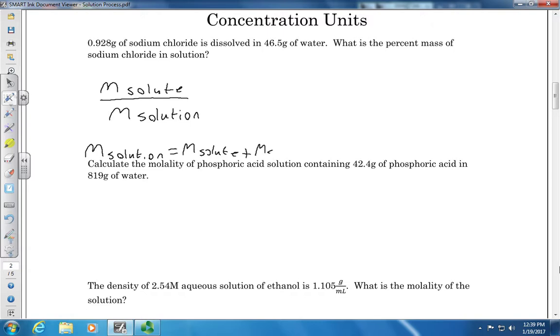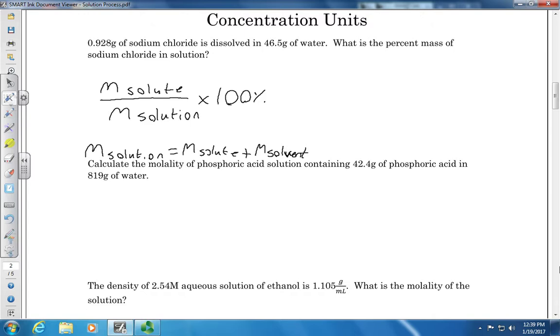So you have to account for both solute and solvent mass in order to get the mass of the solution. And then you simply multiply it by 100%, and that'll get you your percent mass of solution.